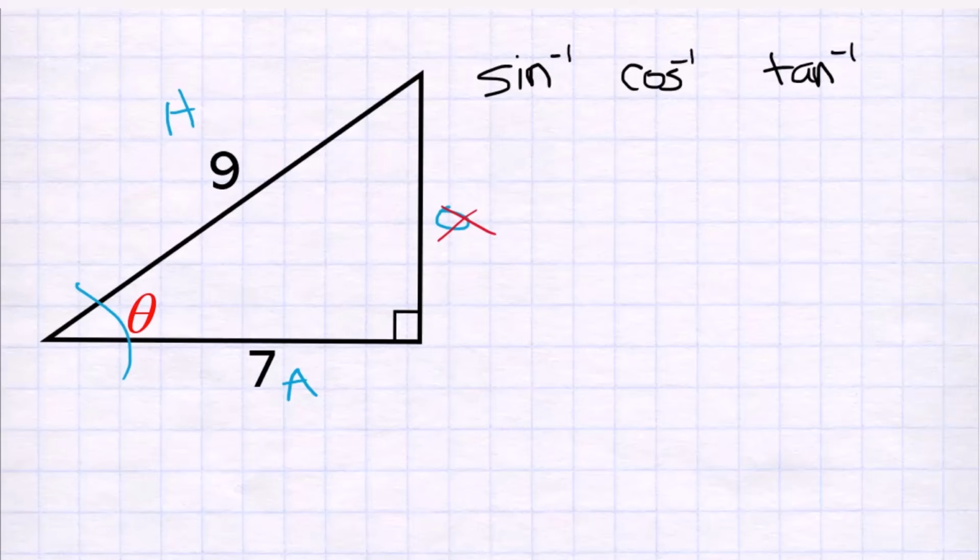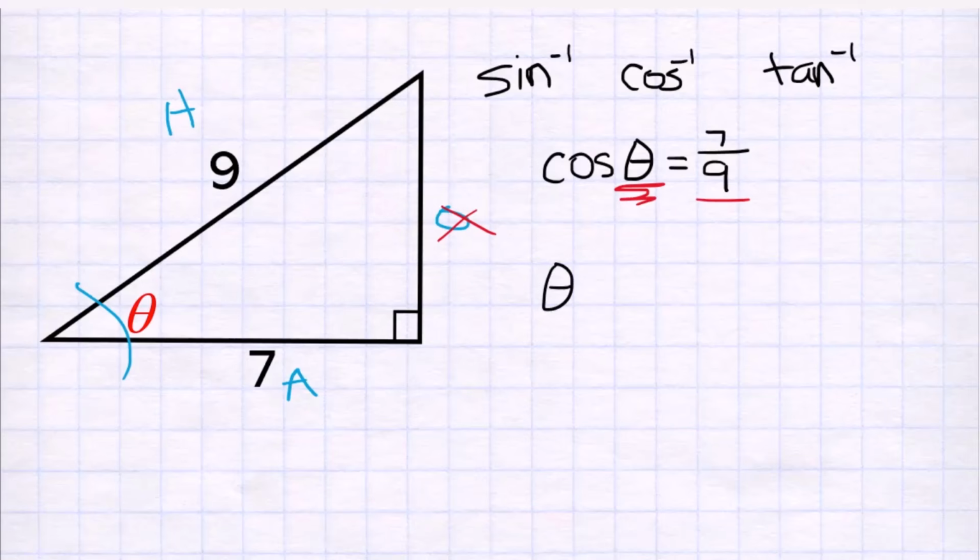All right, so if we wrote this out the way we have been doing it, we would write something like the cosine of theta, the angle we don't know, equals adjacent over hypotenuse, which would be 7/9. Now, if you want to get the calculator to dig into its memory and tell you what that angle is based on the 7/9 information, you're going to write theta equals the inverse cosine of 7/9.